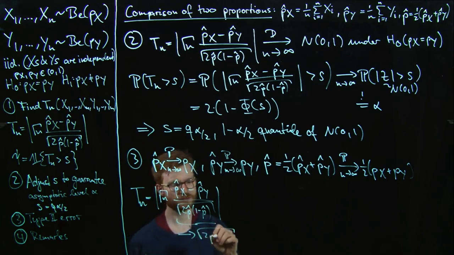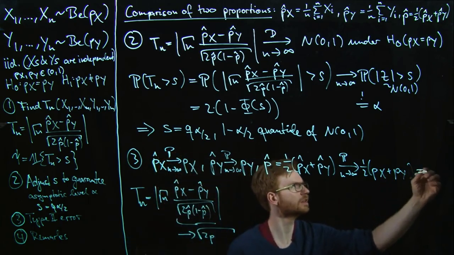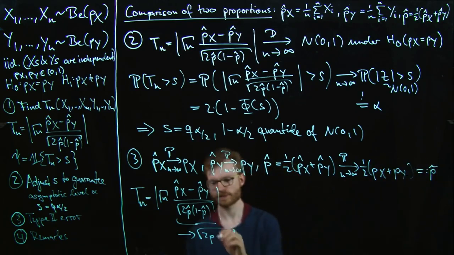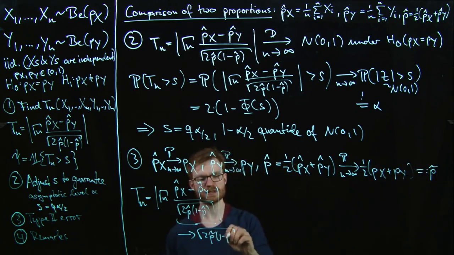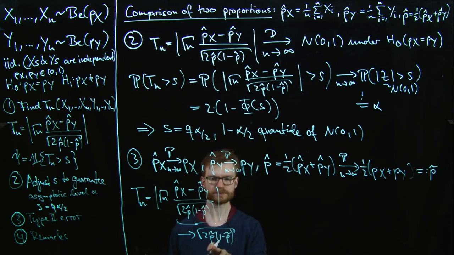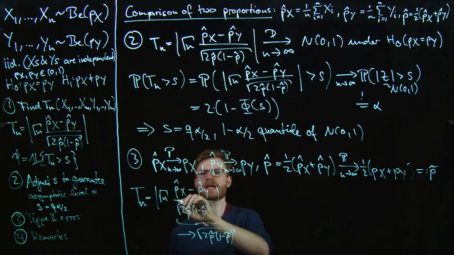It goes to 2 times p tilde times 1 minus p tilde. Right? So that's some number, some non-negative number.